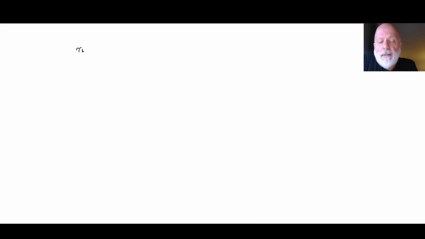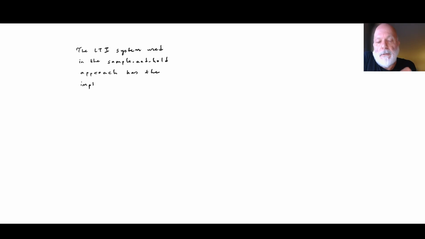The LTI system used in the sample and hold approach has the impulse response h of t, which is equal to 1 for t between 0 and Ts and 0 otherwise.